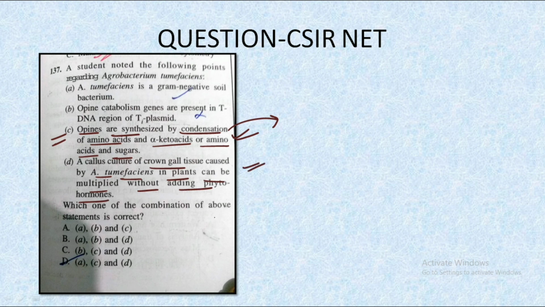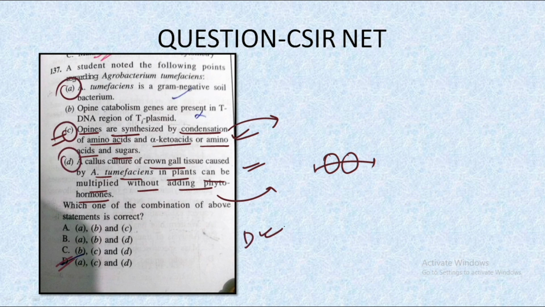Yes, it is a correct statement. Why? Because the tDNA has the auxin and the cytokinin phytohormones for the multiplication of the cells. So statements A, C and D are correct. Hence we got the final answer as option D.